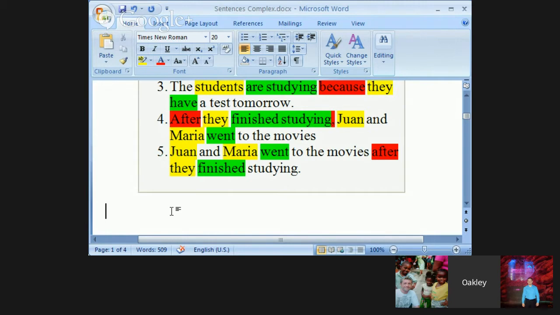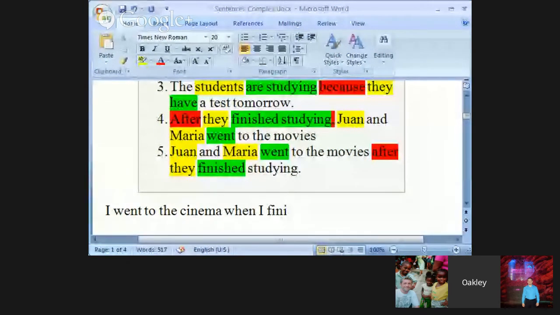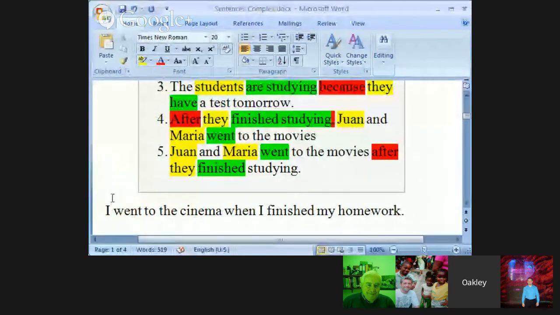I went to the cinema when I finished my homework. Wow. I went to the cinema.